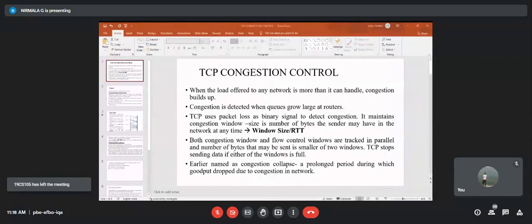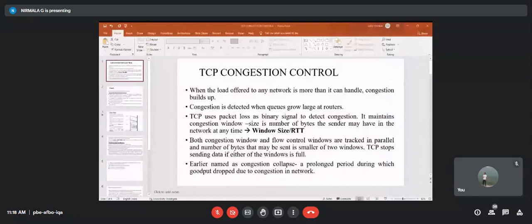Similarly here, considering the congestion window and flow control window, the sender will send data that will be the smaller of these two windows in order to reduce congestion. These two windows are set to some values and tracked in parallel so that at any point of time in the network, the data sent will be the smaller of the two. So these two parameters, the congestion window and the flow control window, play a major role in TCP congestion control.